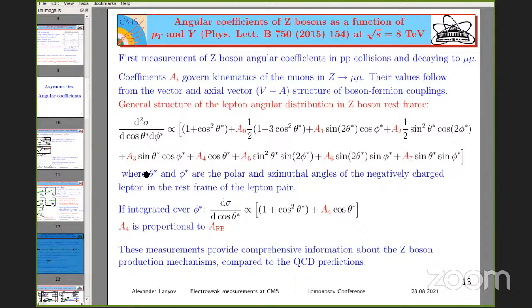Here is the definition of these angles: theta and phi are the polar and azimuthal angles of the negatively charged electron in the rest frame of the electron pair. If we integrate this expression over phi, we get just the previous expression with only the coefficient A4, which is proportional to AFB.